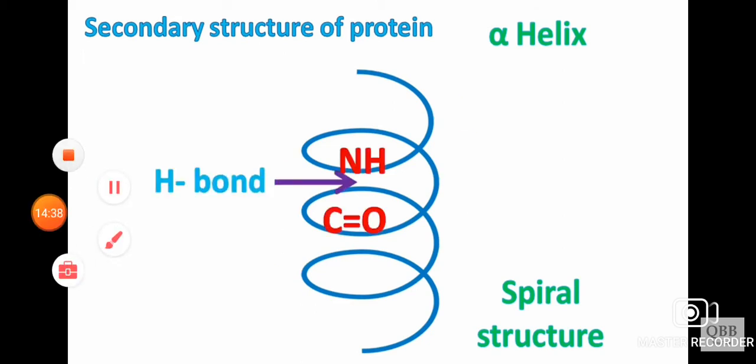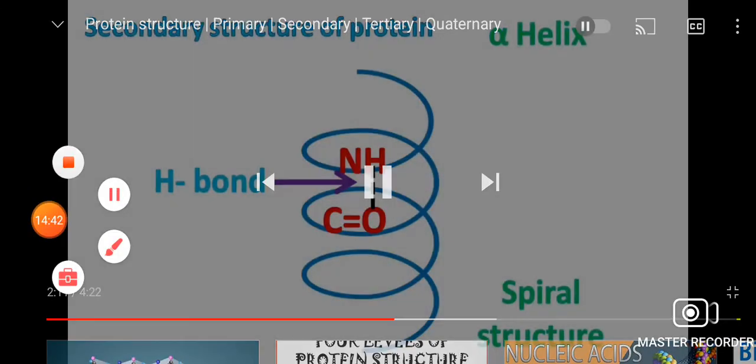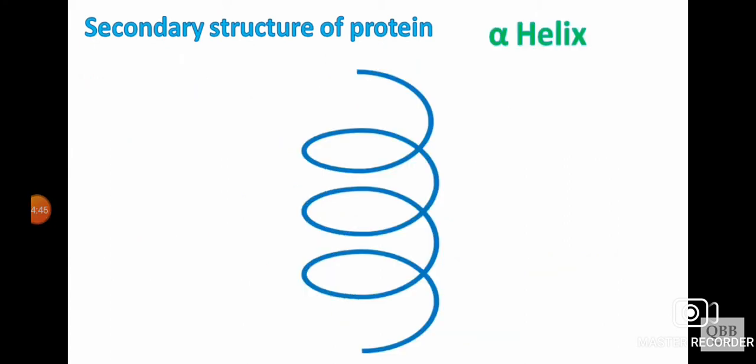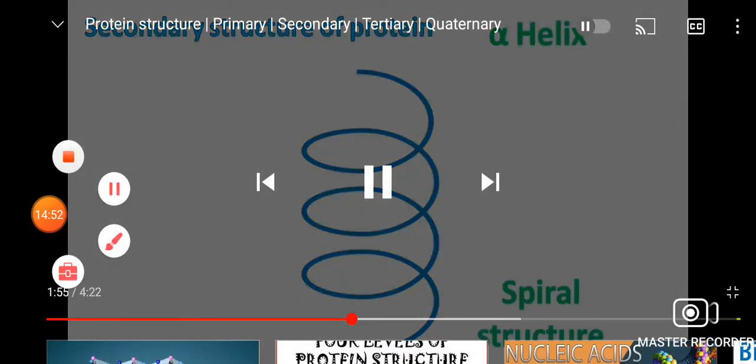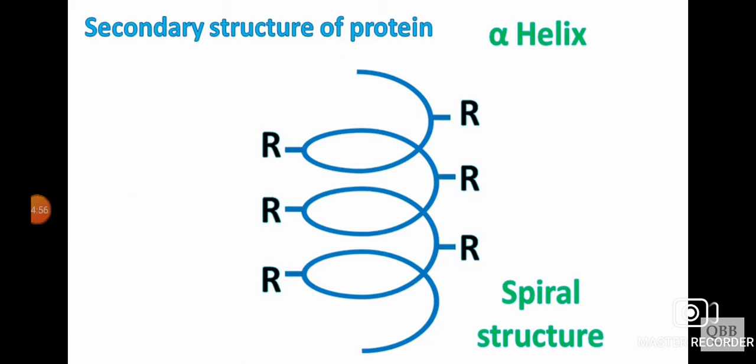So this is known as the secondary structure. The polypeptide chain in its own axis will fold into the alpha helix or the beta pleated structure.